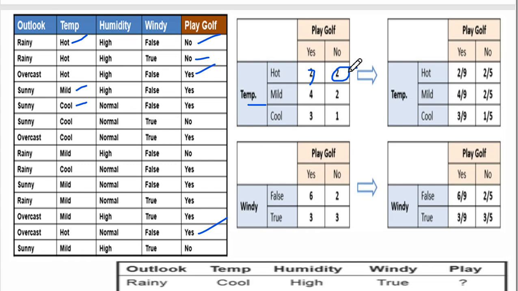Likewise we are finding the frequency table of temperature, and that will be converted into likelihood table by simply maintaining the total number of yes records and total number of no records. So likewise we find the frequency table for the given data set, then convert that frequency table into a likelihood table.